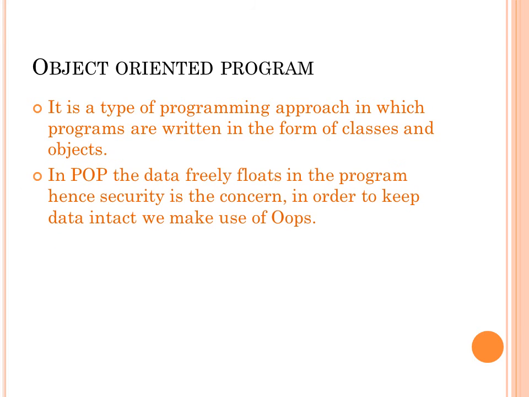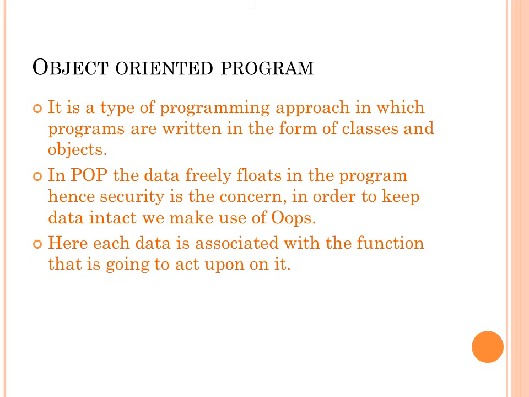So that is what: data is freely floating in procedure oriented programming, whereas it is intact in object oriented programming, and each of these functions is associated with the data it has to act upon. If there is a variable int x and y, and we have a function called add, this add is a function associated with the variables x and y, so they are intact, and this function is allowed to act upon these variables directly, because it is a function associated with the variables.